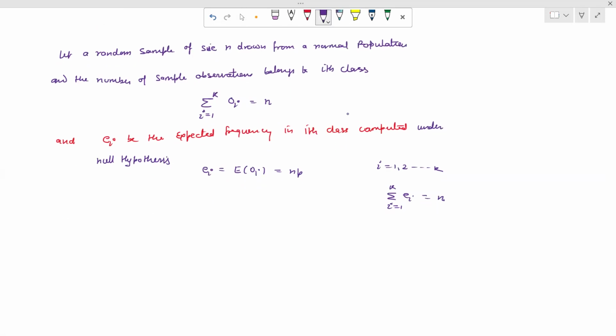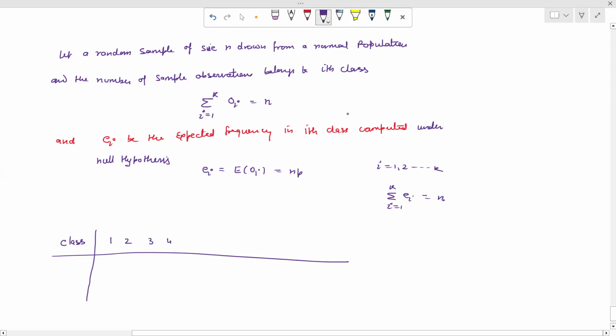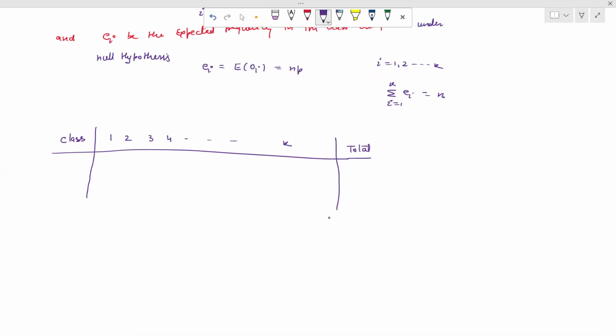Then for the expected frequency, we write down that first we have the class. The class we consider as 1, 2, 3, 4 and so on to k. Here we have the total, and we write down the observed frequency, that is denoted as Oi.